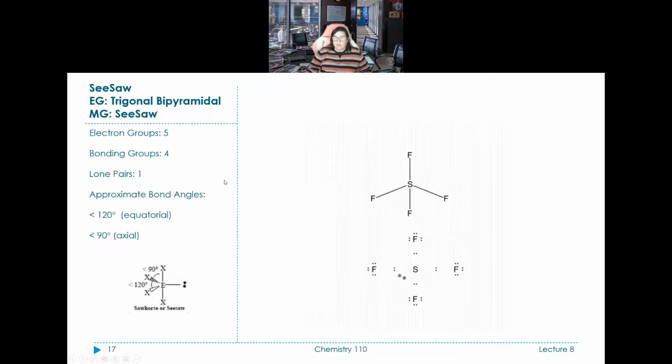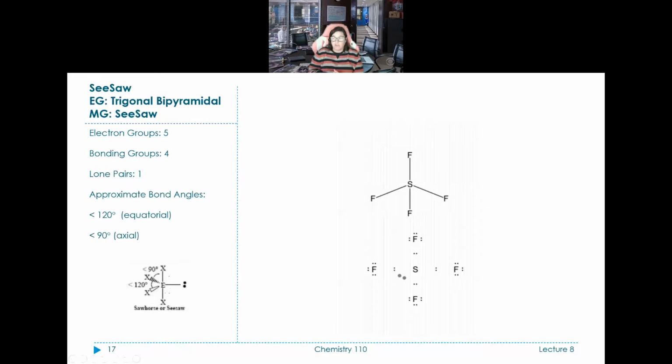If we take one of those bonding pairs away and make that a lone pair, that's going to happen in the plane. Now, it happens in the plane because that's where we have the most space to put it. Now, that does mean that we've affected those geometries slightly. So the one in the plane is going to be less than 120 degrees, and the ones out of the plane, they're going to move slightly away from that lone pair to make them less than 90.